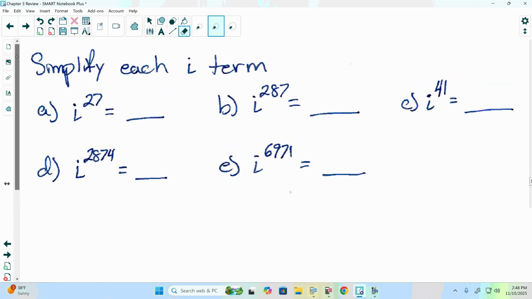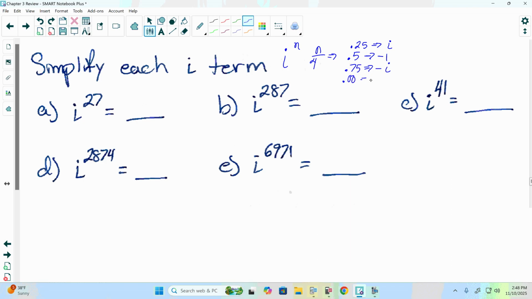All right, here comes the hard stuff. Powers of i. To simplify powers of i, we take whatever that exponent is and divide it by 4. If the decimal we get is 0.25, we know that reduces to i. If it's 0.5 or 0.50, it's going to be -1. 0.75 is negative i, and 0.00 is just 1.